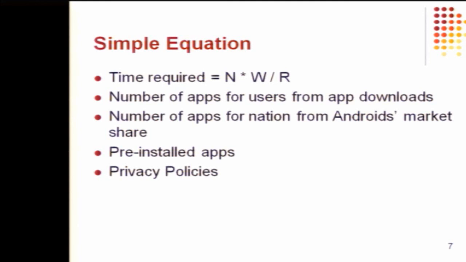Additionally, we also extended the same formula for obtaining time for pre-installed applications and privacy policies. The pre-installed applications are the ones that come stock with the phone. There's a system flag with each of these applications which helps us identify the pre-installed applications.